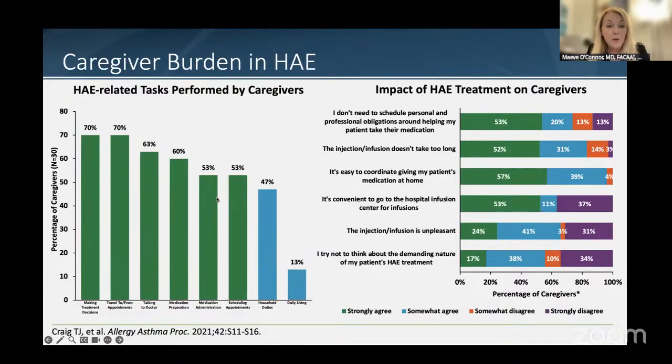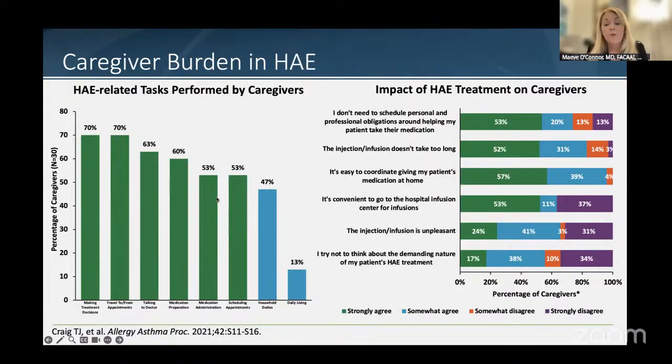And you can see here the HAE-related tasks performed by caregivers on the left-hand side of the slide. And some of these, again, are managing medications, handling emergencies, knowing which emergency rooms are better to go to than others. And it can be coordinating care, helping with the emotional toll, and then any limitations that not only the patient has in their work, but what about the limitations they may have in their own work or social lives because they are taking care of the patient.